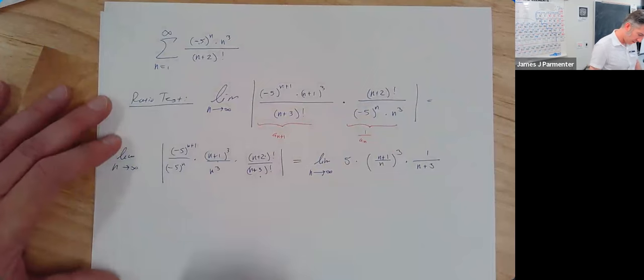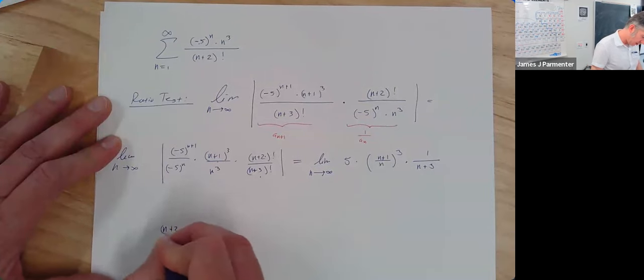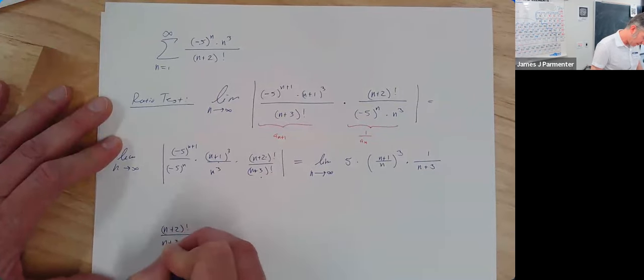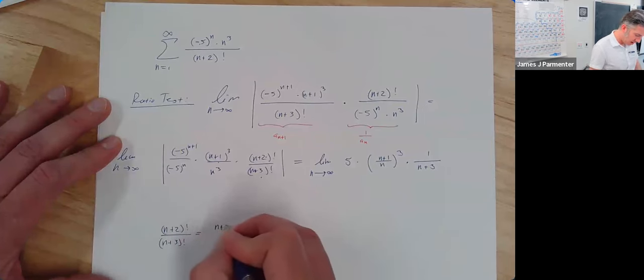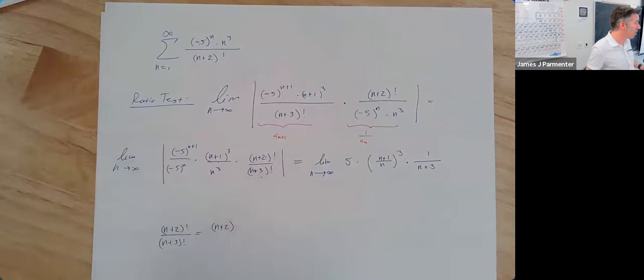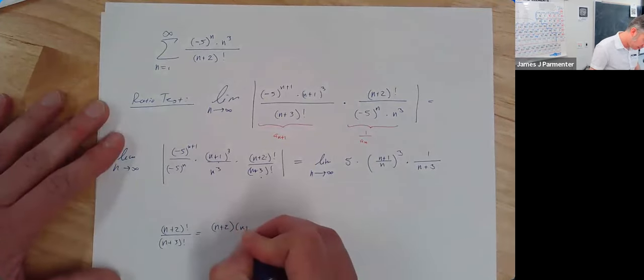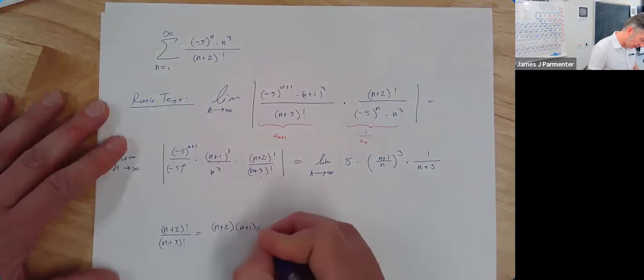So let me show you. N plus 2 factorial over n plus 3 factorial. N plus 2 factorial just means n plus 2, and then you have to start multiplying it by the next smallest term. So n plus 2 minus 1 is n plus 1. And n plus 1 minus 1 is n. And n minus 1 is n minus 1.